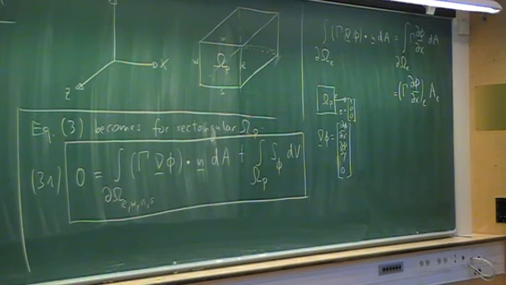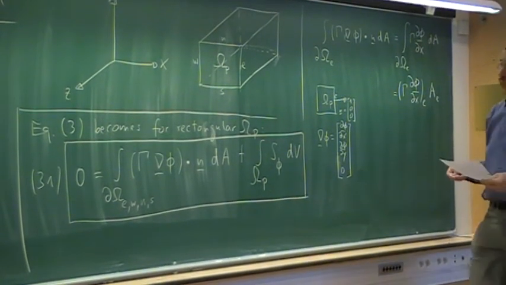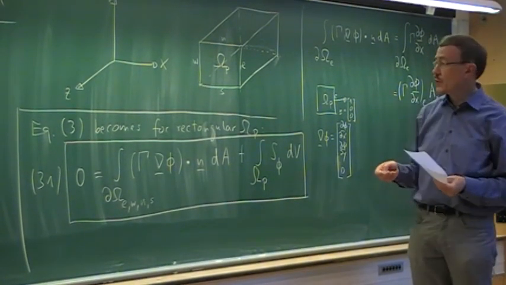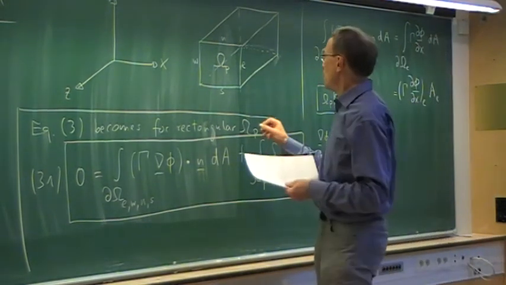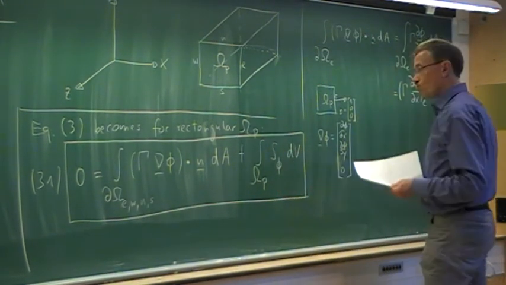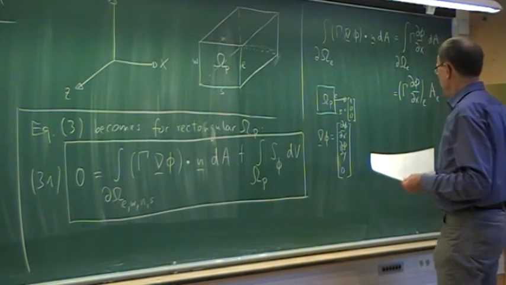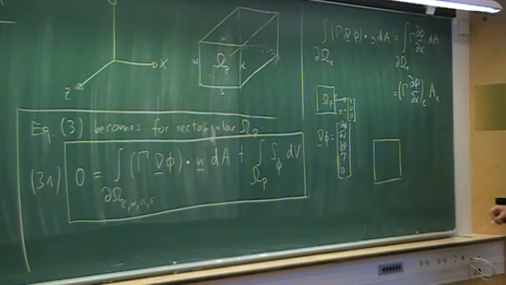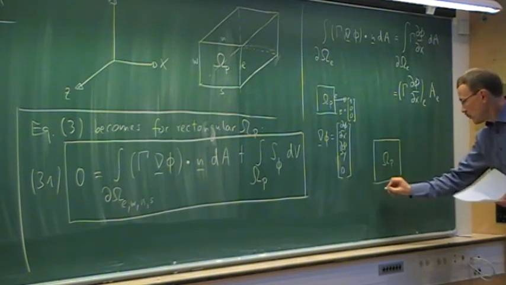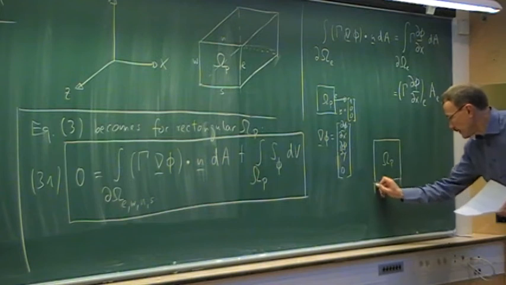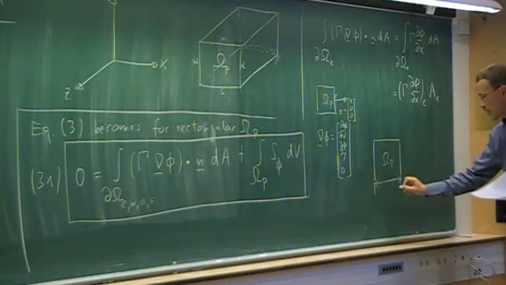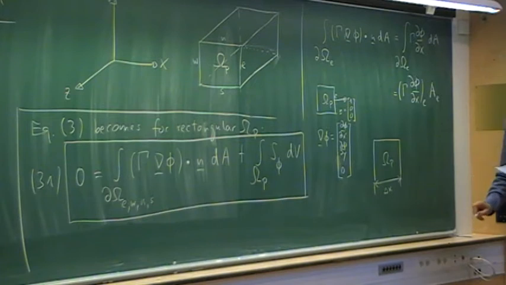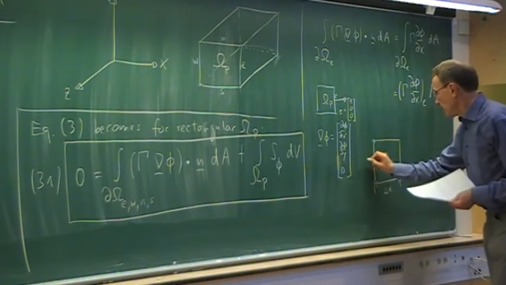And what is the area of the face E? Well, in our case, we shall assume that we are in the discretization process. So that is now our control volume omega p, and we assume that the length in the x direction of the face is delta x, and the length in the y direction is delta y.